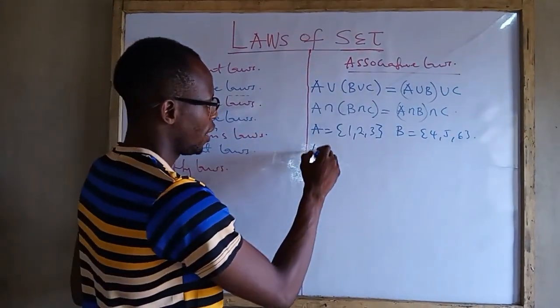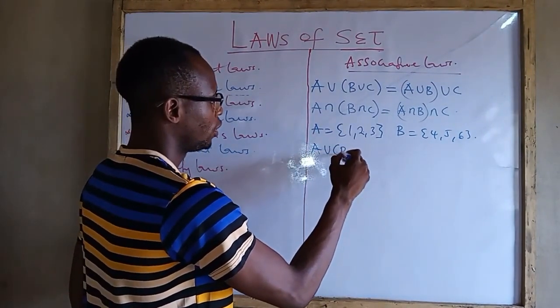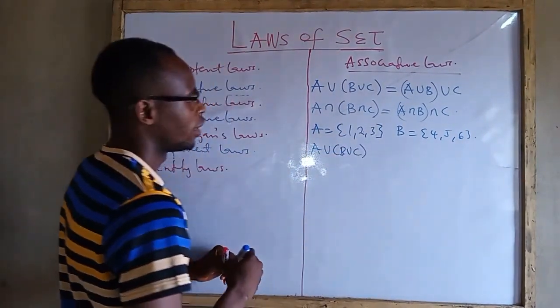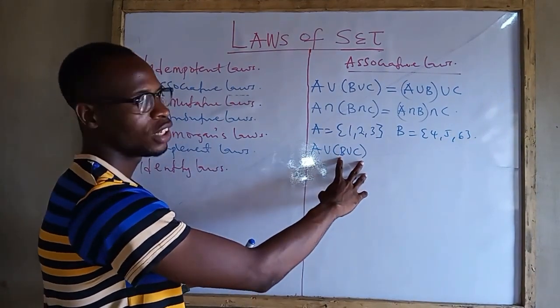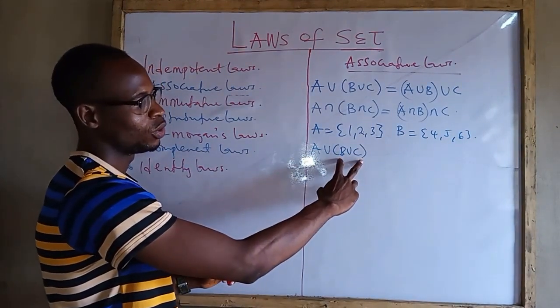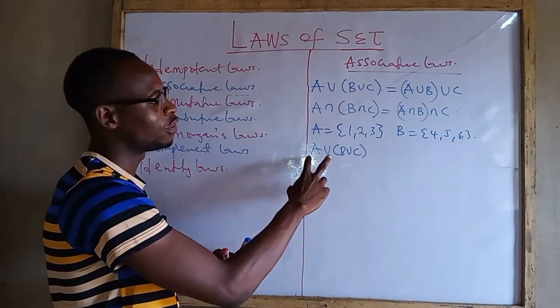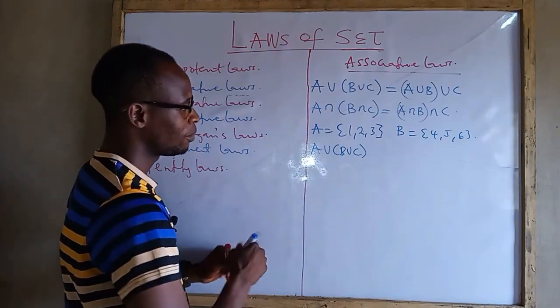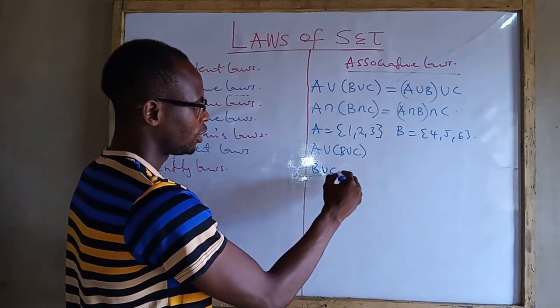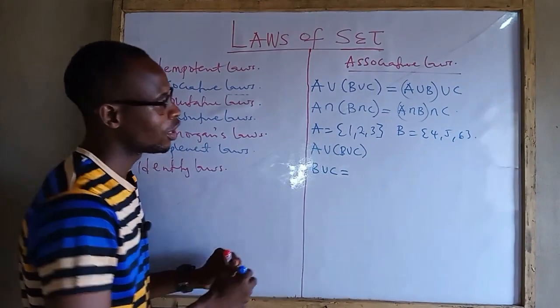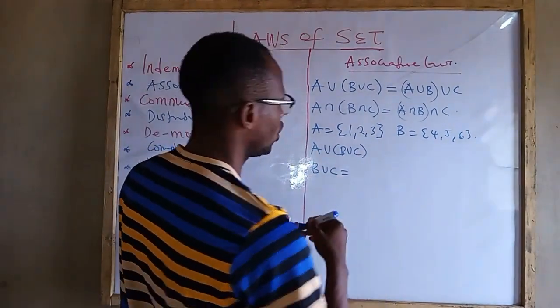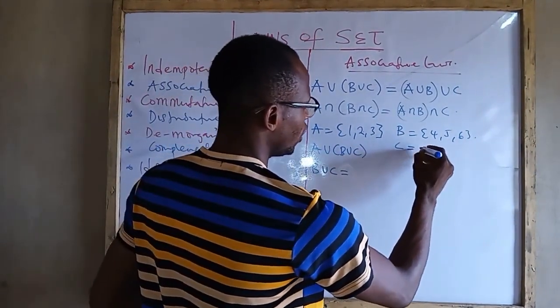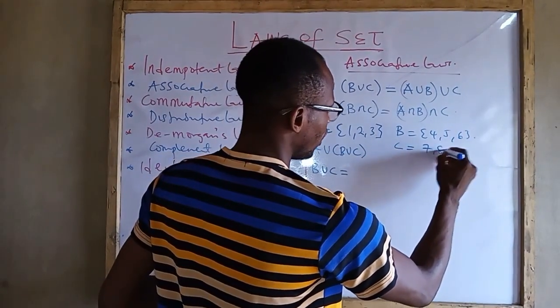A union B union C. Now, for me to solve this, it's always best you solve the one in bracket before the outer one. So the one in bracket is simply B union C. Okay, sorry, there should be an element C too. Let's say the element C is 7, 8, and 9.